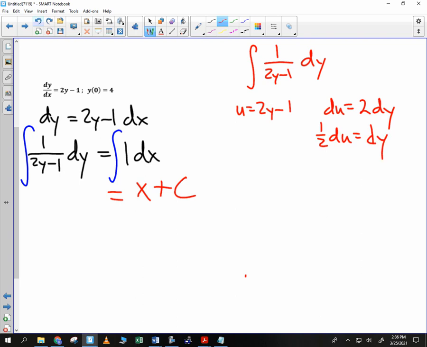Are you okay with that? So I got 1 over 2 times the integral of 1 over u du. That's the antiderivative we're computing. What's the antiderivative of 1 over u?